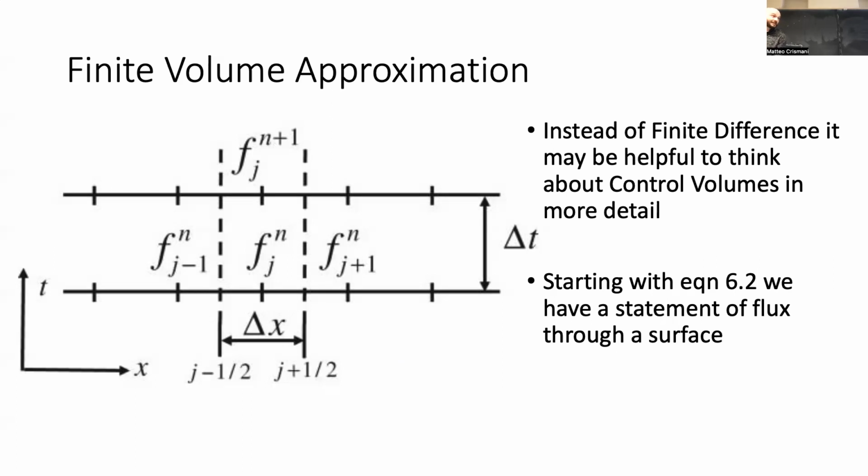And that's essentially what we're talking about here. So you're going to have, say, a line in this direction, and they're separated by time. So it's two-dimensional, just like the other one is. But instead of thinking of it as taking the derivative at a location, we're thinking about what is the average value within a location delta x.